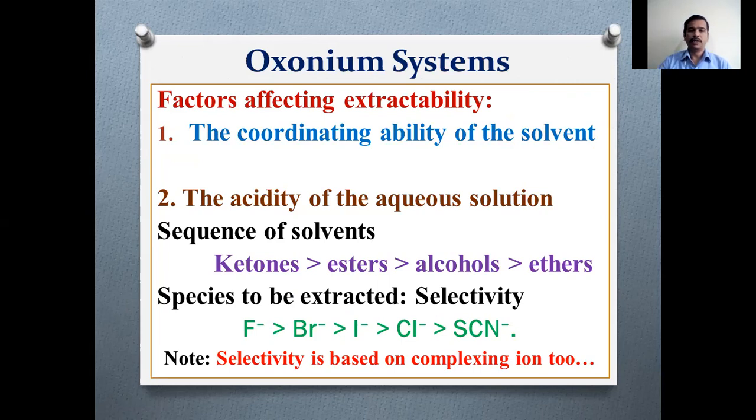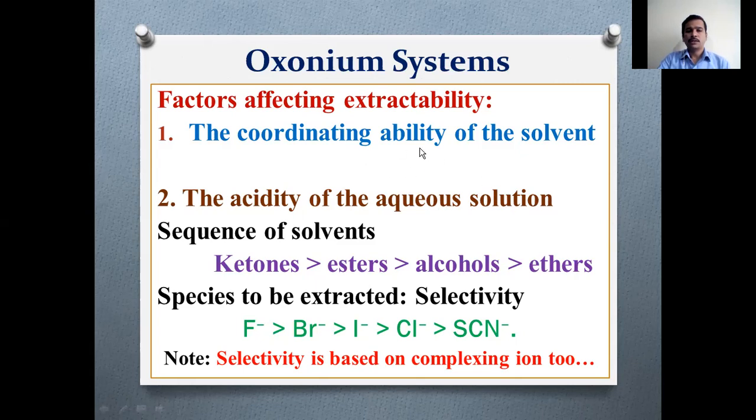Therefore, coordinating ability is very, very important. And as I mentioned in the previous slide, 7 molar hydrochloric acid has been maintained in the extraction of iron 3. Therefore, acidity is very important in order to convert the oxygenated solvents such as ether or methyl isobutyl ketone into oxonium cations. Acidity must be regulated to the better extent. Therefore, acidity is the other factor.